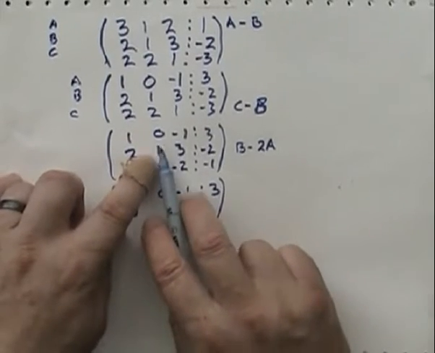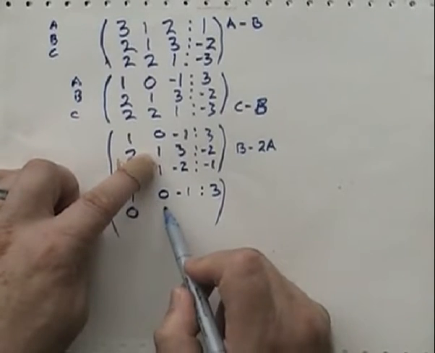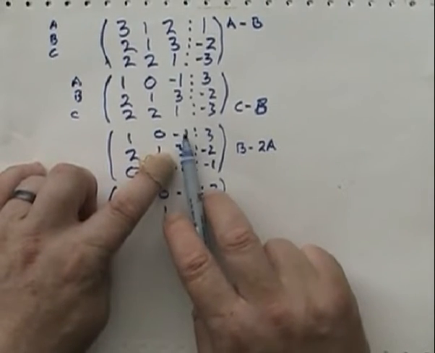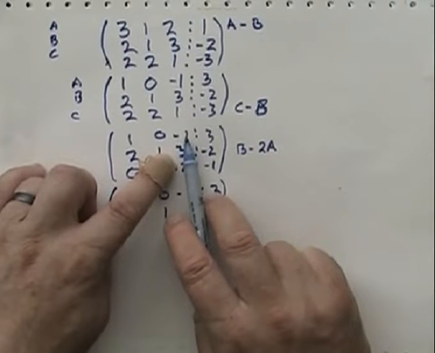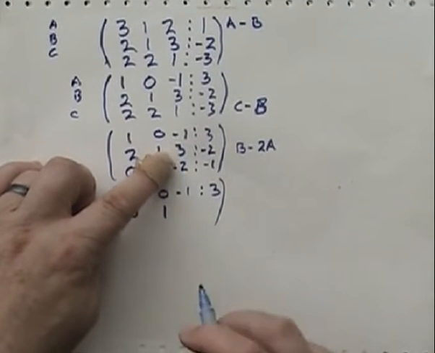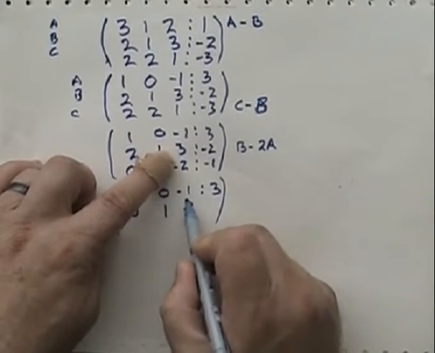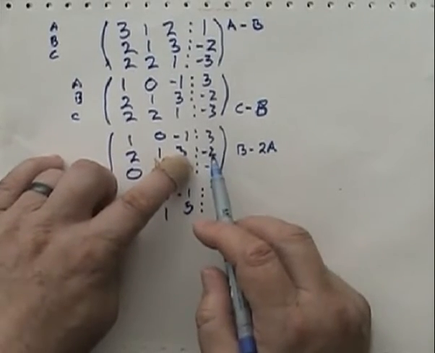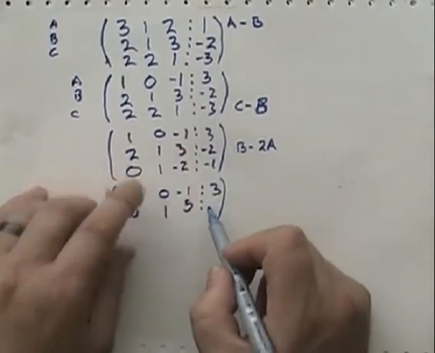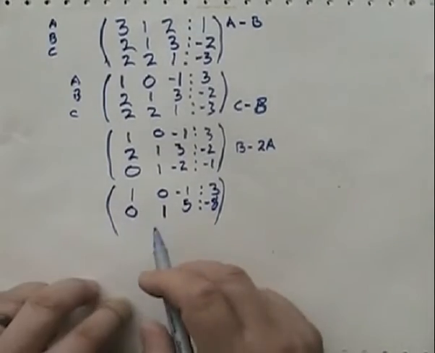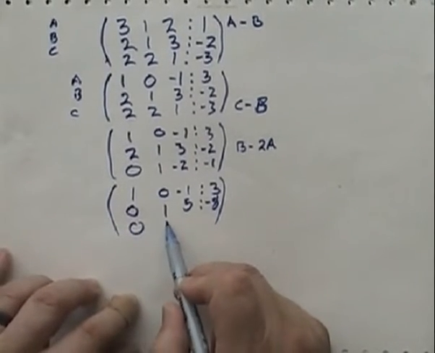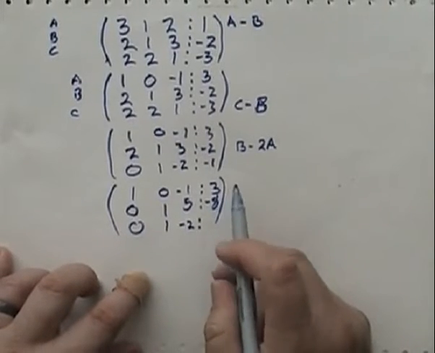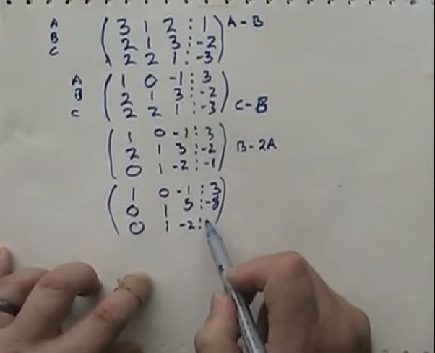It's going to be 1 minus 2 times 0 is 1. 3 minus 2 times that: 2 times that is -2, so 3 minus -2 is 5. And then we get -2 minus 2 times 3 is -8. And again, we haven't touched this row here.